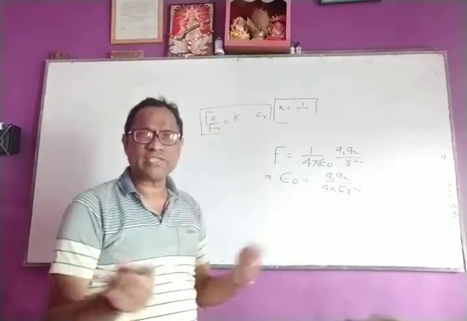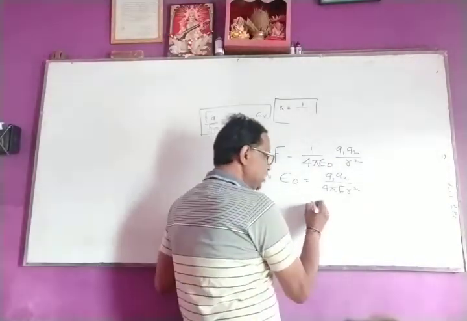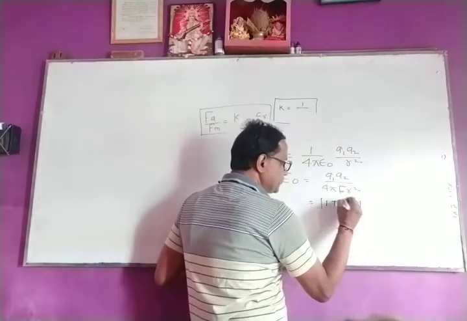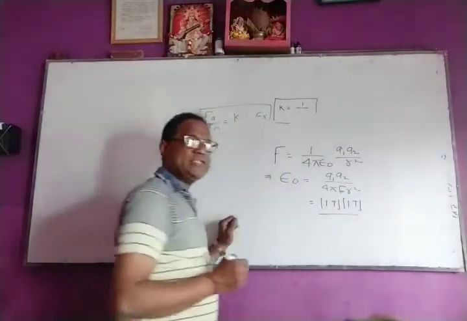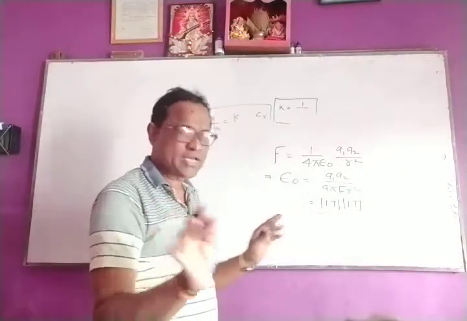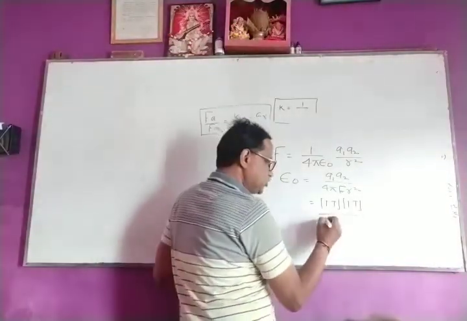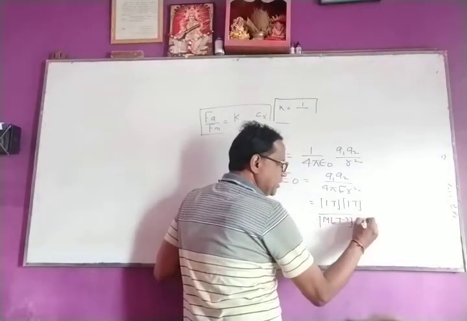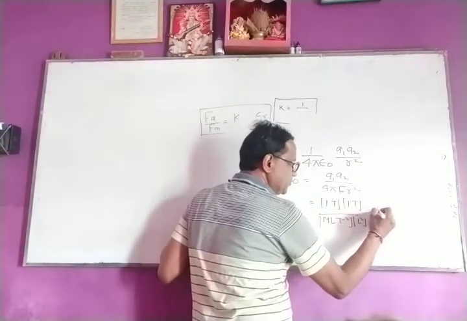Q1 Q2 both are charges. So dimension of Q1 and Q2 is equal to IT into IT. 4 pi is a pure number having no dimension. F is the force, M L T power minus 2, R is distance, L power 2.